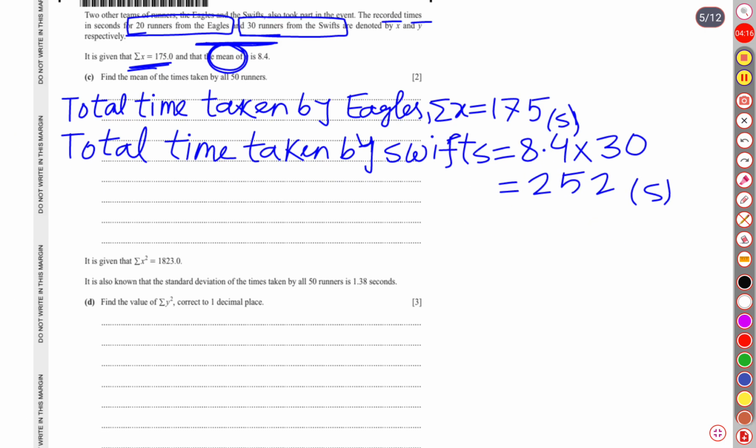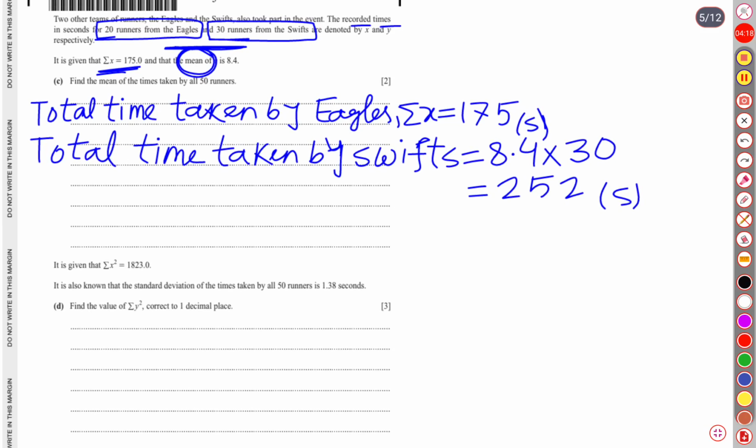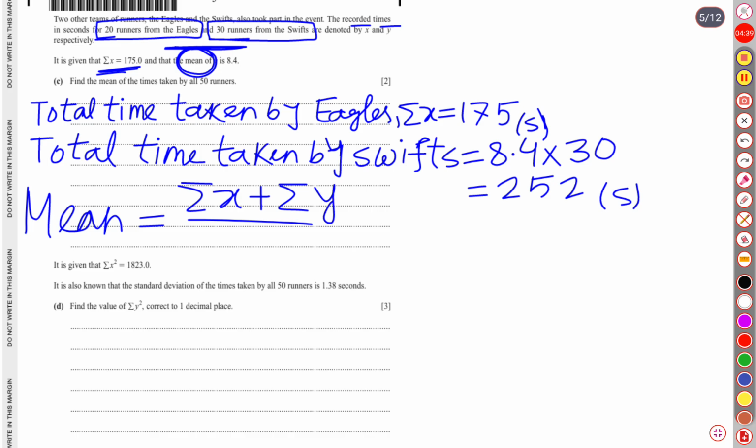Now we can write mean is equal to sum of X, that means total time taken by all Eagles, plus sum of Y, total time taken by Swifts, over total number of runners. 30 plus 20 is 50.